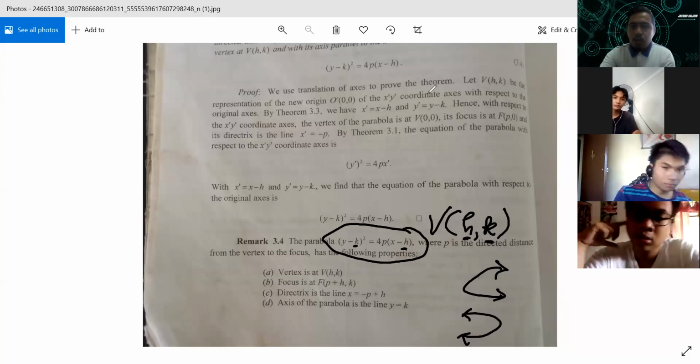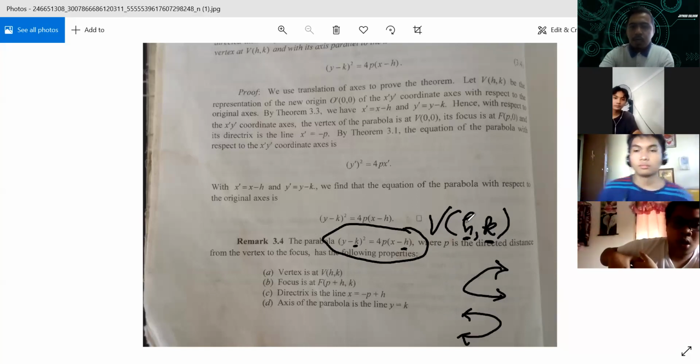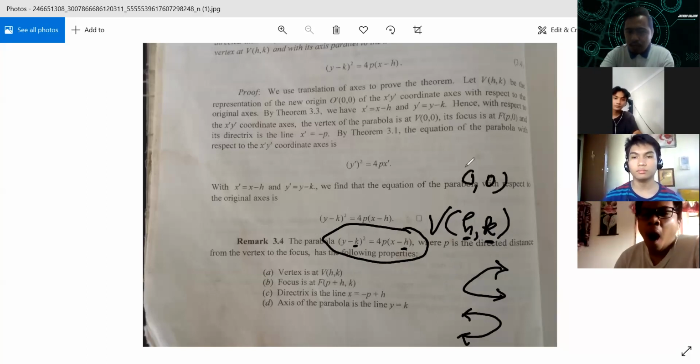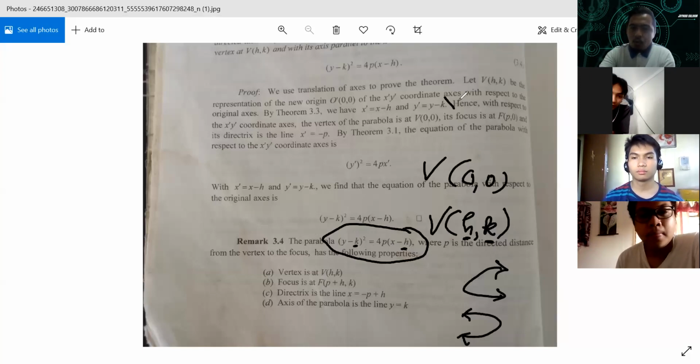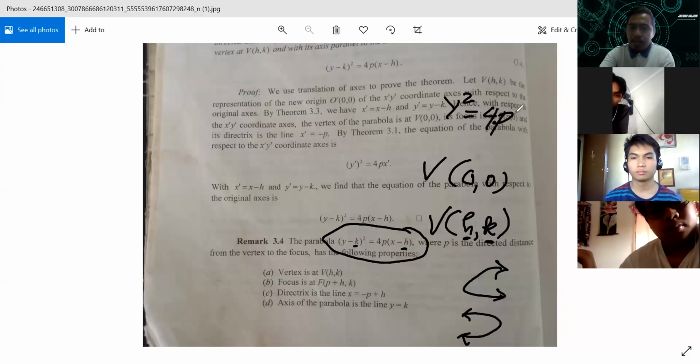Actually, if you change this into 0, 0, if the vertex is at 0, 0, the one that we discussed previously, and you substitute it here, then this formula becomes y squared equal to 4px, right?